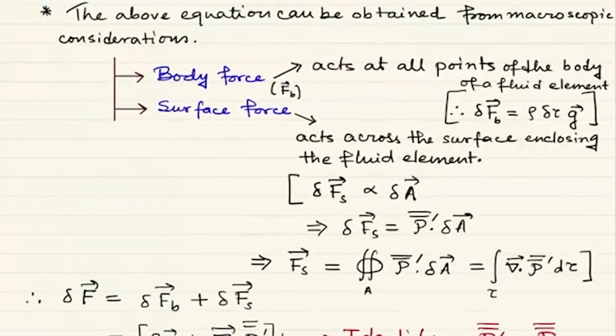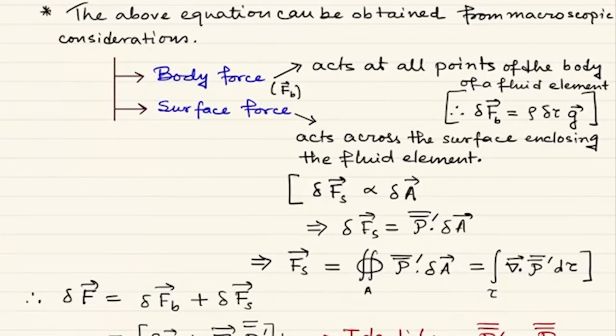Whenever we say that a force is acting on something, that something is the fluid blob or fluid particle, and then this Lagrangian derivative comes into play. That's why I introduced both the Lagrangian and the Eulerian point of view. Eulerian is the one which we are using throughout.